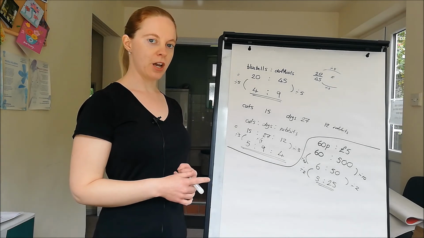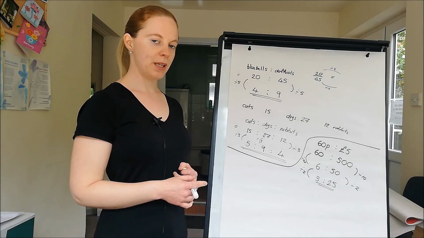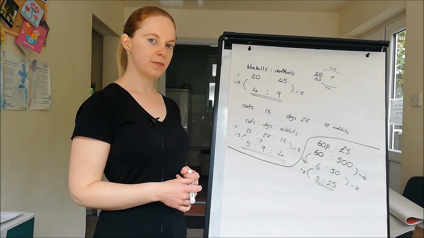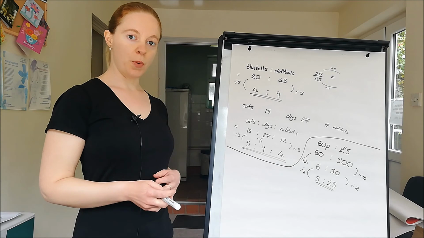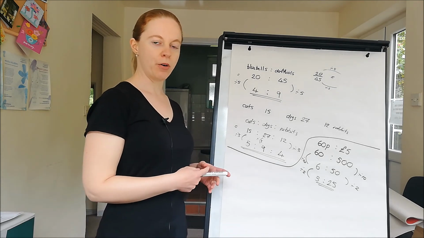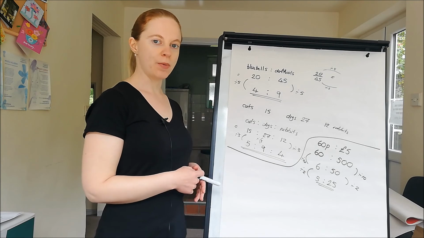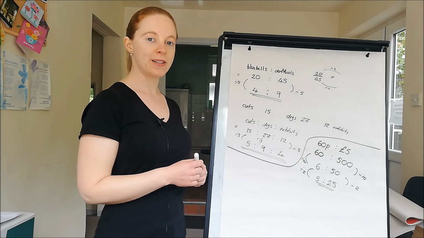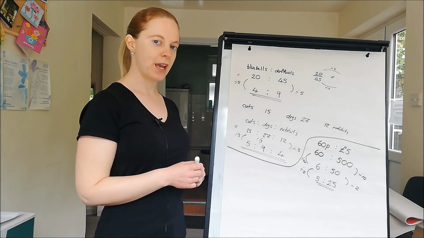Give your answer in its simplest terms. If you want to have a go at that, hit pause, and then when you've done it, hit play and I'll go through it. If you're not sure you'd know how to do it, then just keep the video running because I will go through it in a second, okay?